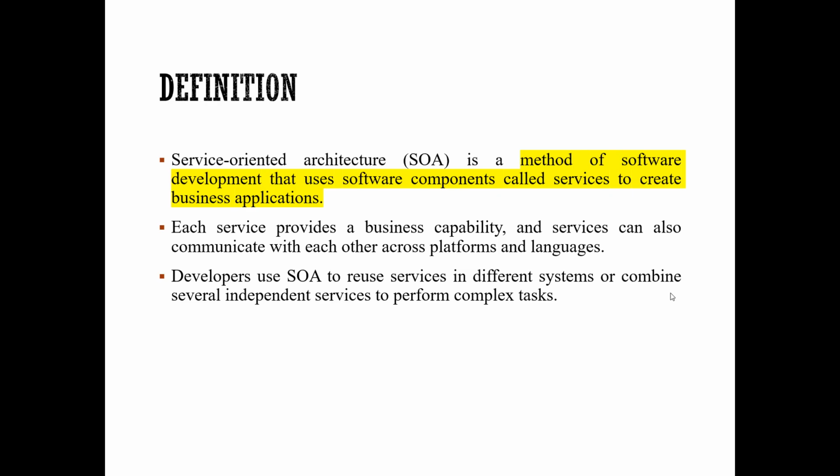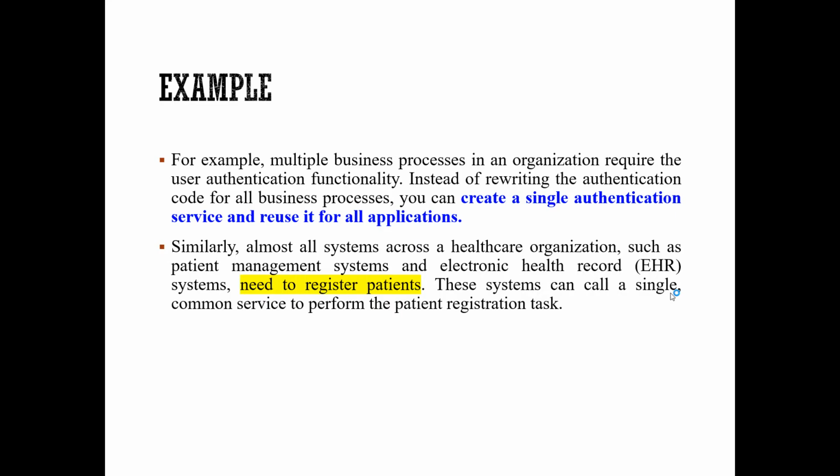They will reuse the already existing applications with the help of SOA. Each service performs a specific business function. Why we use SOA: it reduces the development time and improves the efficiency of a system.